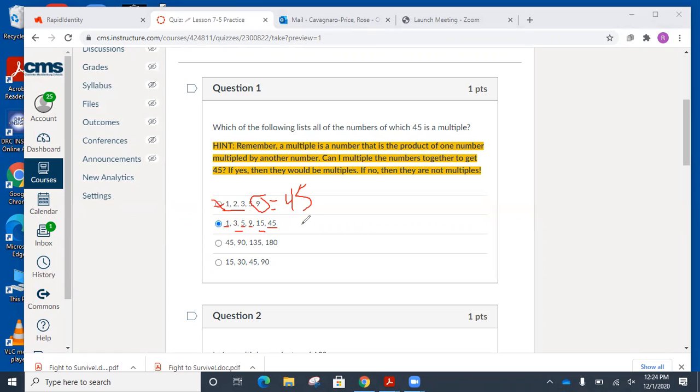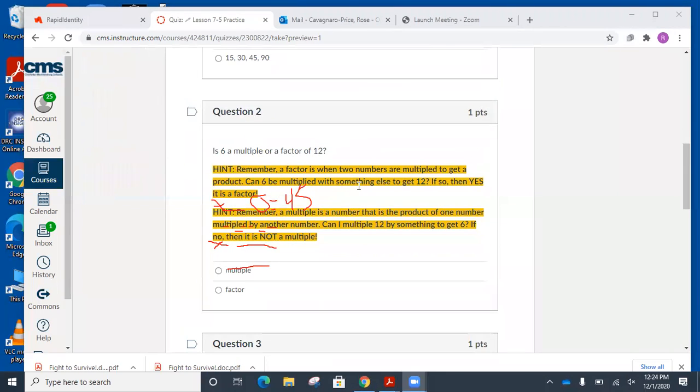If so, then yes, they would be multiples. Looking down here, can I multiply any of these numbers together to get 45? Goodness, no. These numbers are all greater than 45. So there's no way I can multiply any of them together to get 45. All right, and you'll have to look down at this one too.